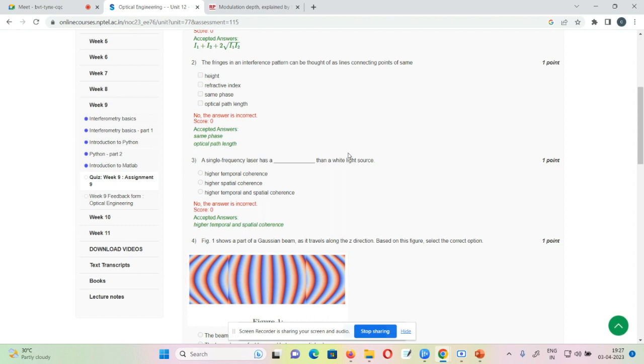What kind of coherence does the laser have? Higher temporal coherence, higher spatial coherence, higher spatial and temporal coherence, or none of these? What kind of coherence does a laser have compared to a white light source? Tell.